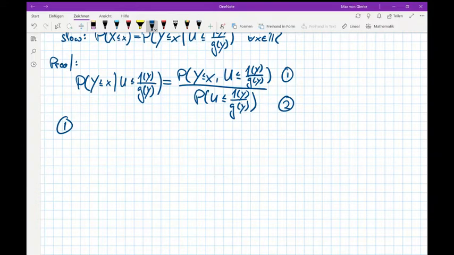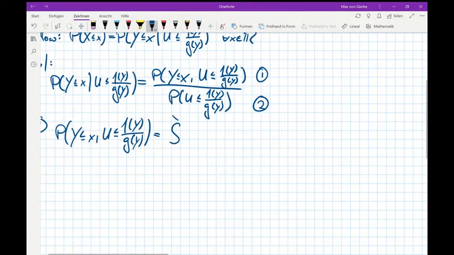We don't have to do some two-dimensional integral; we can simply integrate twice. This is our integral for y, and this is our integral for u.